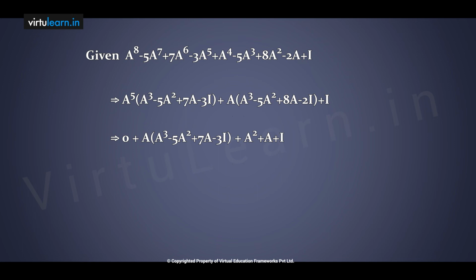A cube minus 5A square plus 7A minus 2I is available. Then instead of minus 2I I am writing here minus 3I. To balance that one you have to write A square plus A plus I, right. Again A into this term is 0 from equation 1, and the remaining term is A square plus A plus I. Now you calculate this expression from the calculator.